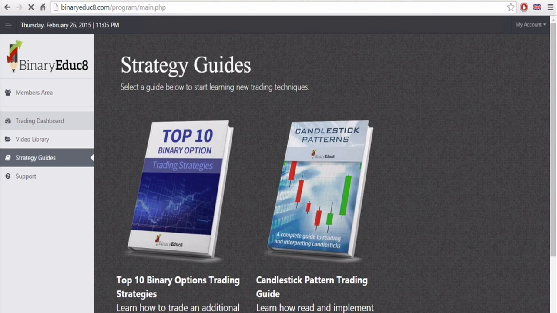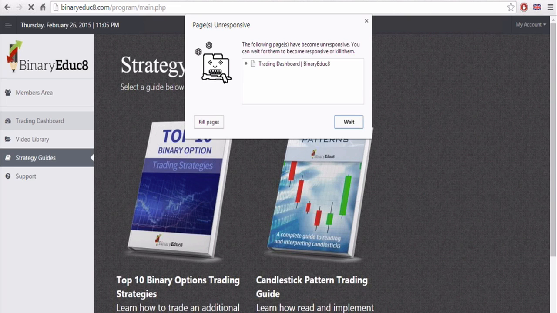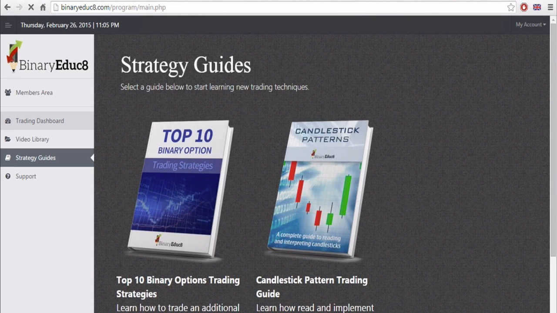Okay, guys, so I'd like to tell you who we have on today with us, who's going to be helping us present after we finalize the walkthrough of the actual site. We have with us today one of my mentors and truly a professional trader with much experience, Terry North. Just a few things about Terry so you understand who we have that is going to be teaching us today.